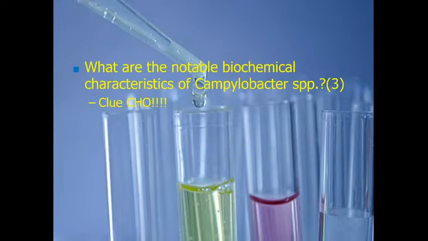Notable biochemical characteristics: there are three things. Please don't forget CHO. What's CHO, sir? Catalase, hippurate hydrolysis, and oxidase. You might see this. Actually, in my board exam, I remember there was a question like this. The case presentation points to Campylobacter species.